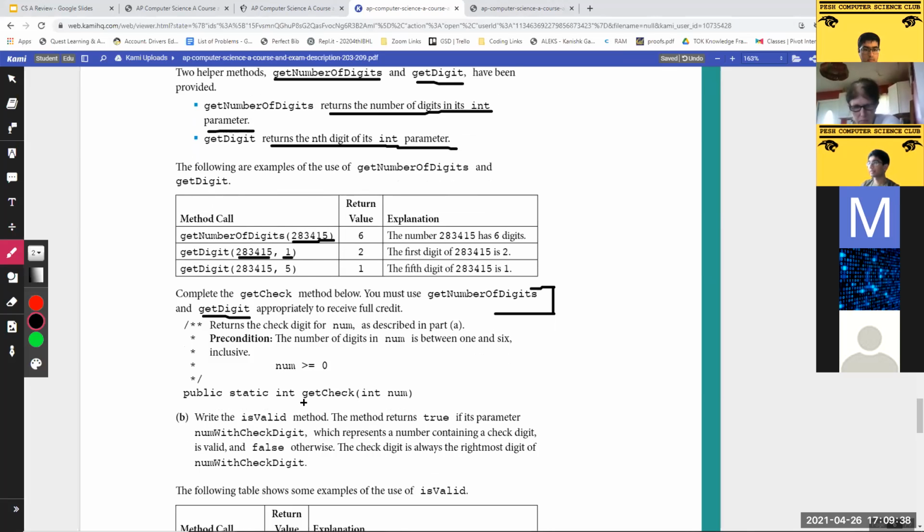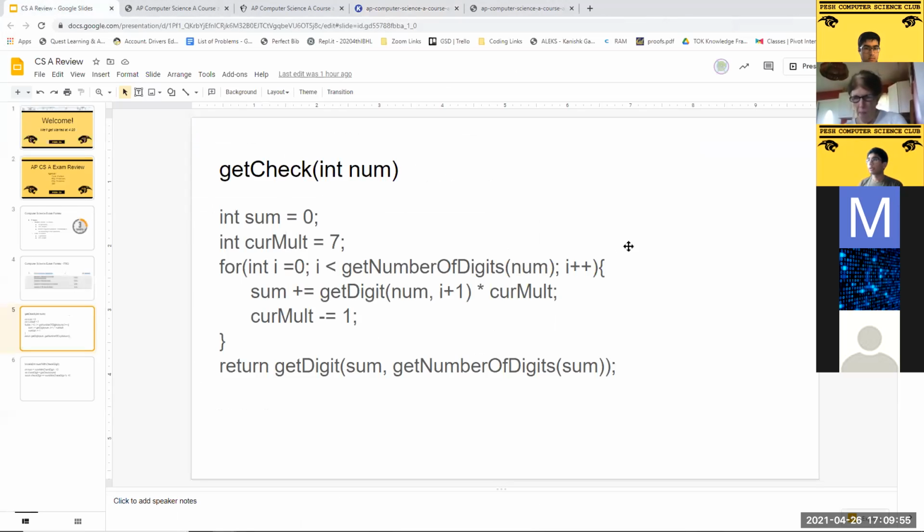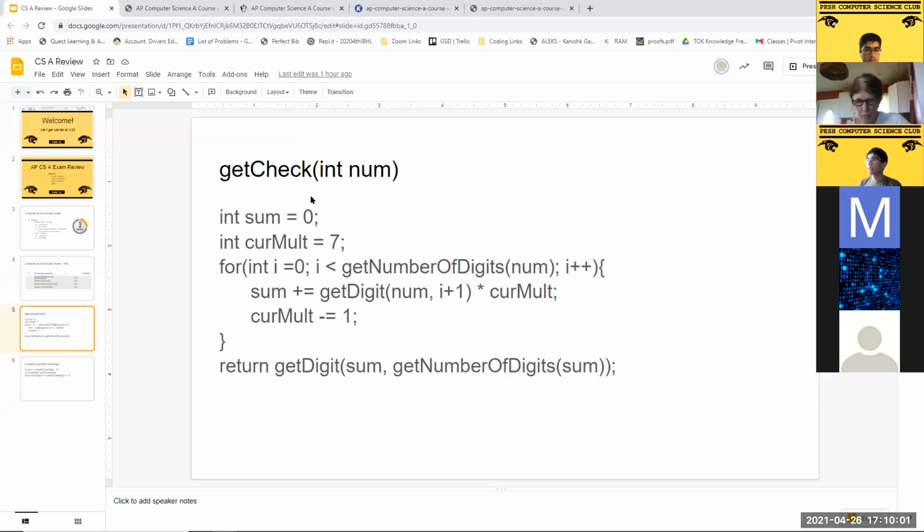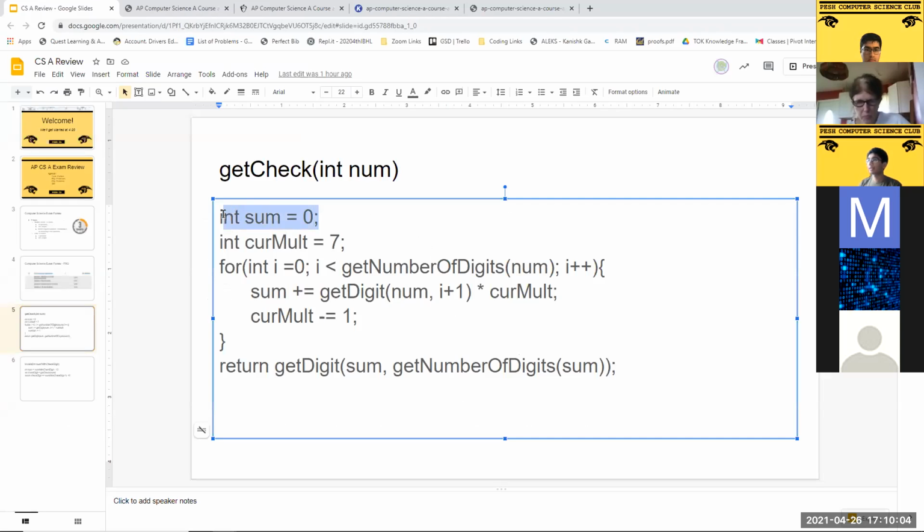Now, with those two methods, we want to write getCheck. I'm not going to write the whole code; I'm just going to show you the code I wrote and how it works. What we need to do is first keep track of the overall sum.